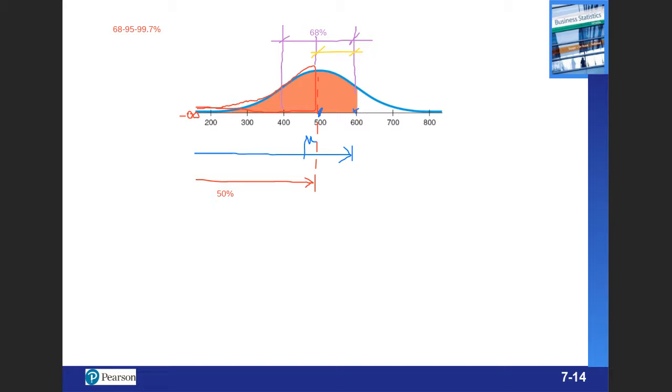That's simple now. All I have to do is add this little bit to the 50%, which means I can take my 68 divided by 2, which is what?